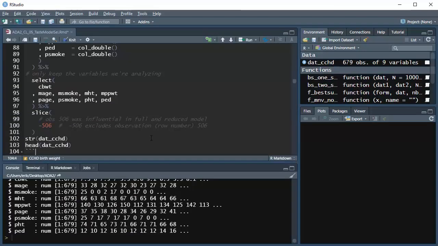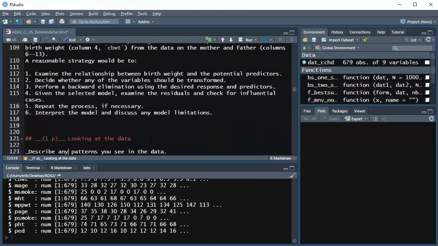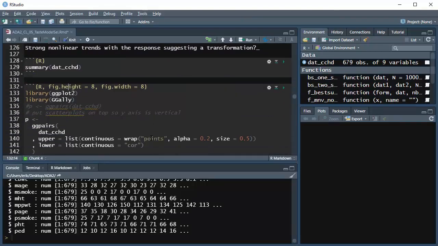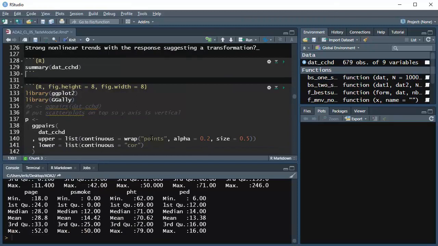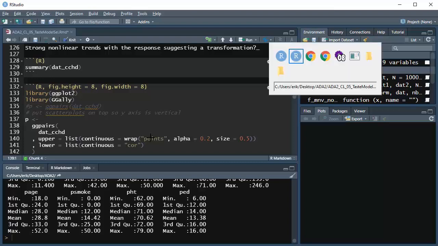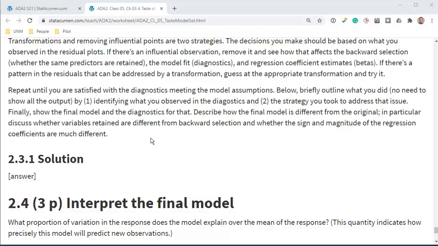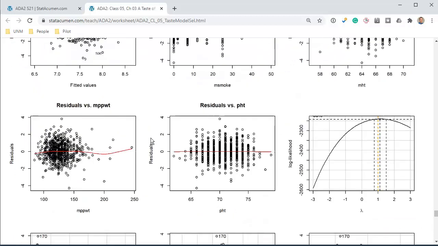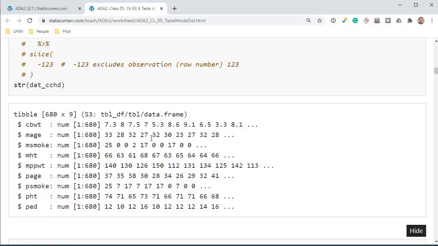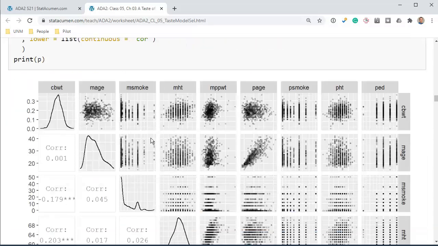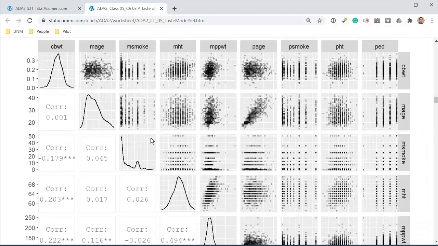All right, so now let's scroll down a bit. Okay, we have a summary. We can make a plot. I encourage you to do that. I'm not sure if we can see where that observation is in the original scatterplot matrix. It's going to be hard to view in my RStudio window, but we're looking for someone who has low birth weight with, we remember, high pre-pregnancy weight.